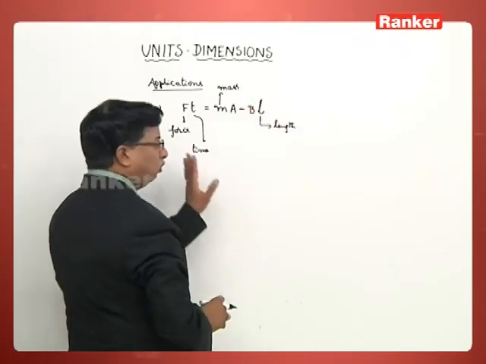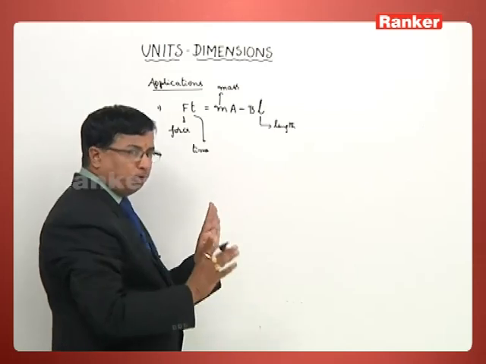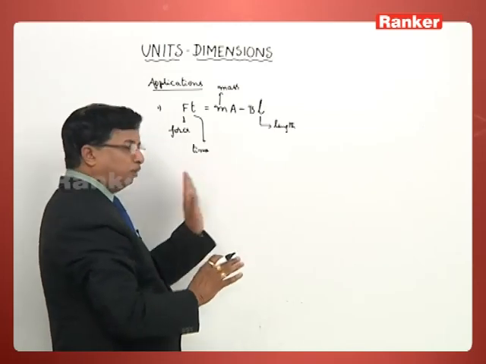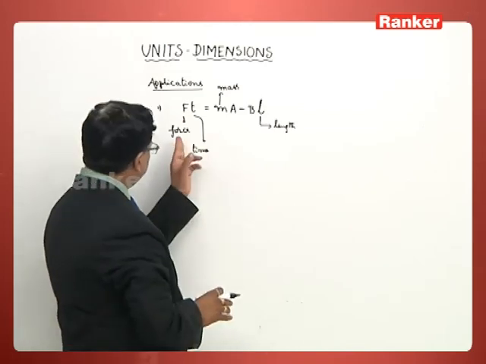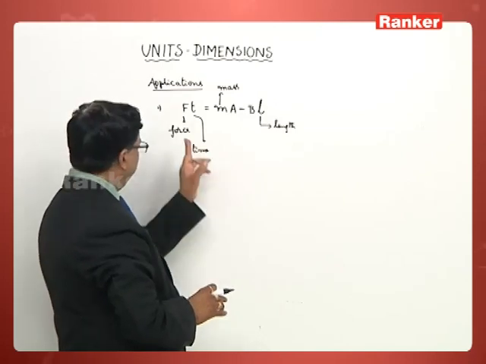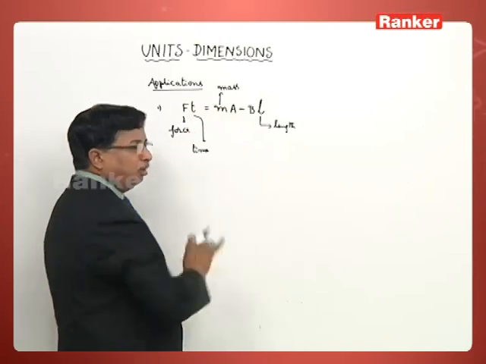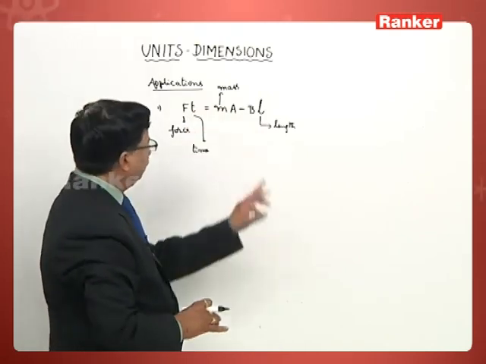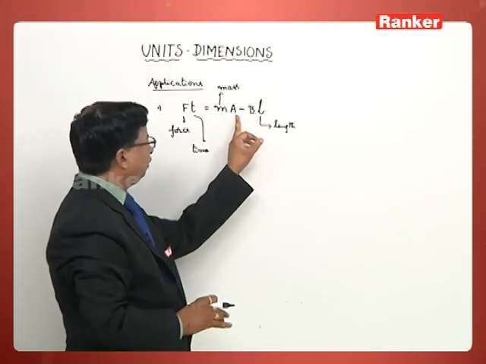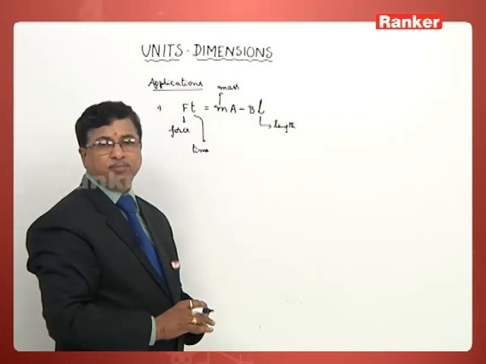What is what out of that one? He has mentioned a few quantities out of the given equation. He has not given any mention about A and B.